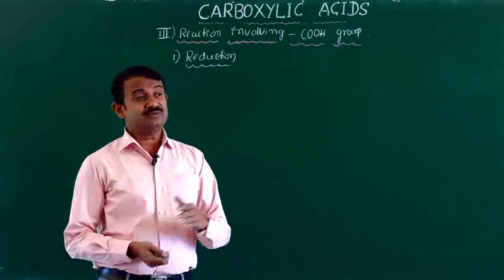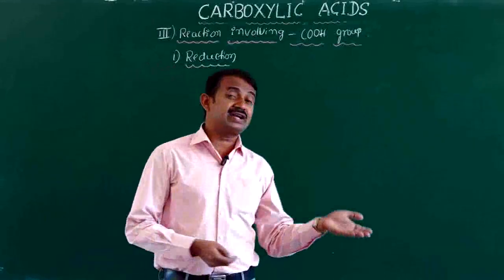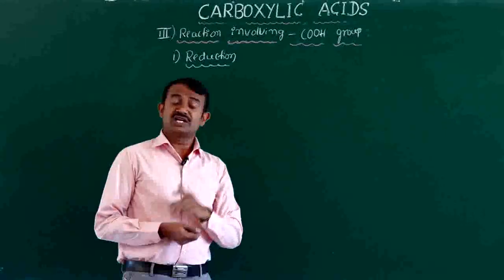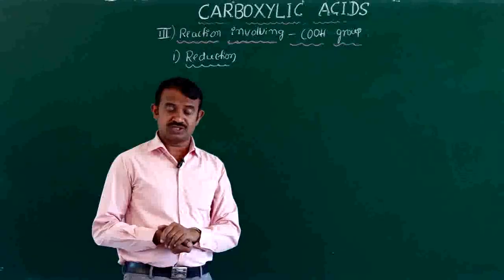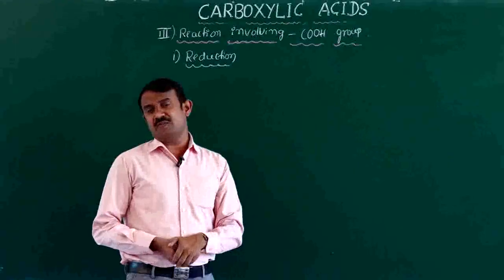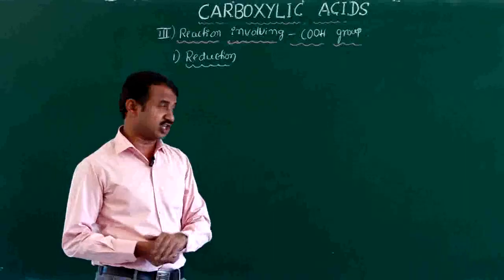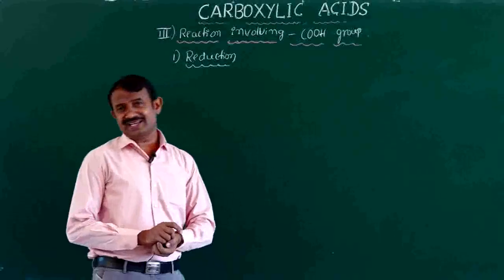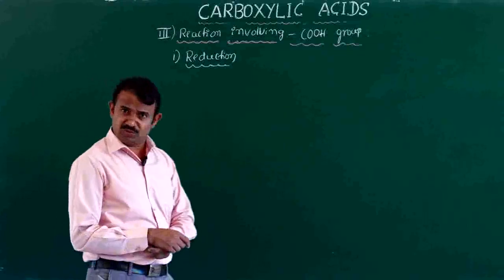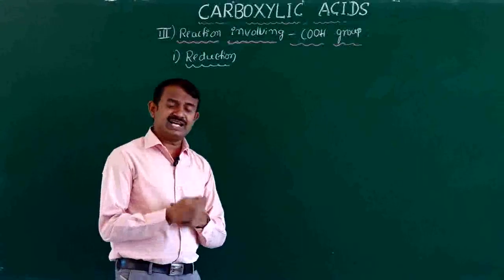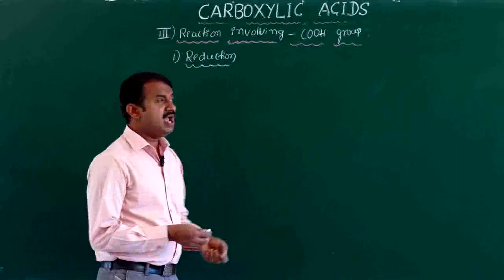Diborane does not reduce ester compounds, nitro compounds and halo compounds, so it is a selective reducing agent. That is called reduction. Here also the carboxylic acid is reduced with lithium aluminum hydride or diborane, followed by acid hydrolysis to form primary alcohol.